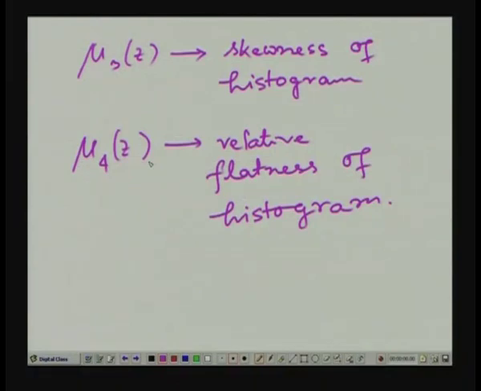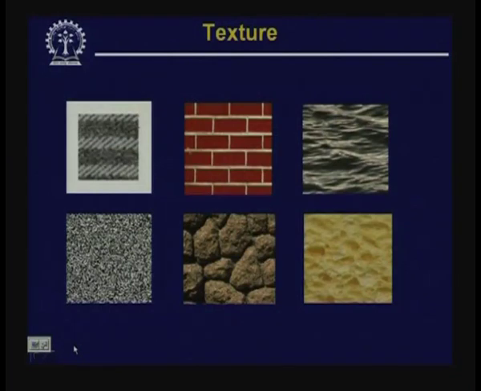So, though these histogram moment based descriptors are very simple, they have one problem. The problem is these histogram moment based descriptors do not provide us any information about the relative position of the pixels. But as we have seen, in this particular texture, the intensity values at a position with respect to some other position carry a lot of information.